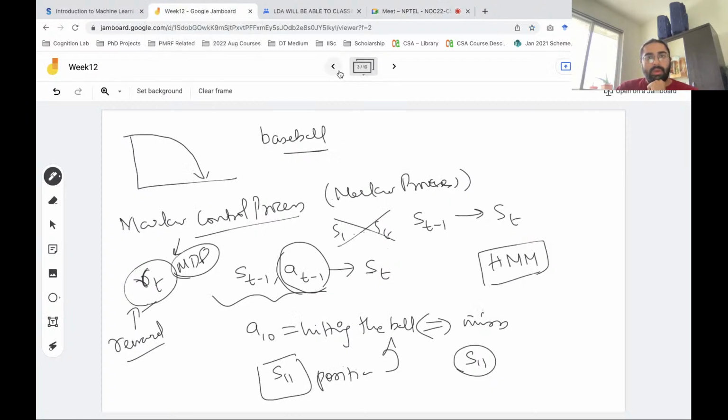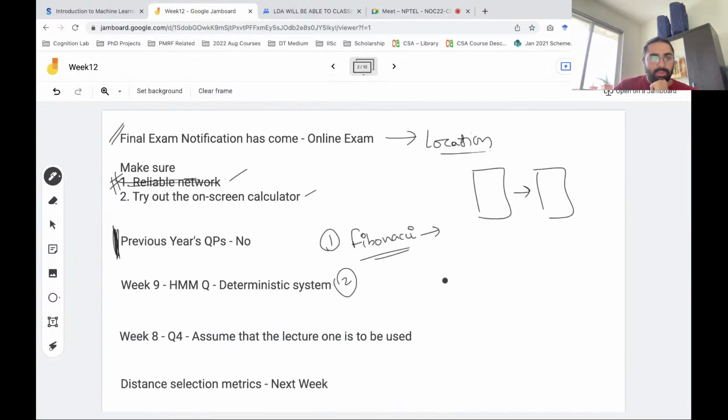Okay, then it was this week 9 question that we had. Week 8 question 4. Again, I spoke to Coach TS. The idea is that you need to assume whatever the mentioned lecture used. This question was about your AdaBoost and gradient boosting algorithms.